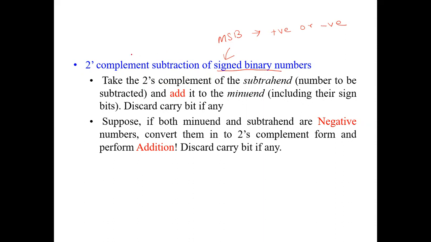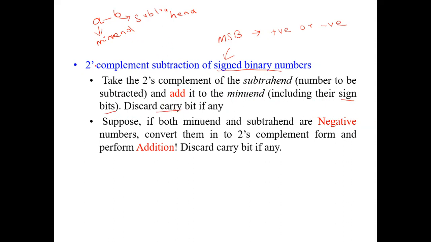The meaning is A minus B. Actually, I am subtracting two numbers. This A is called the minuend, and this B is called the subtrahend. So take the complement of the subtrahend and add it to the minuend, including the sign bits. The sign bit is also included here, and discard the carry.